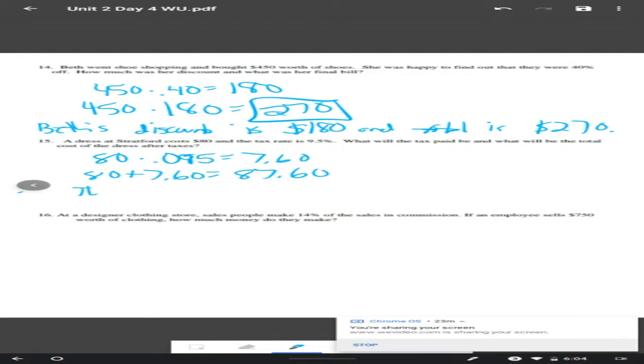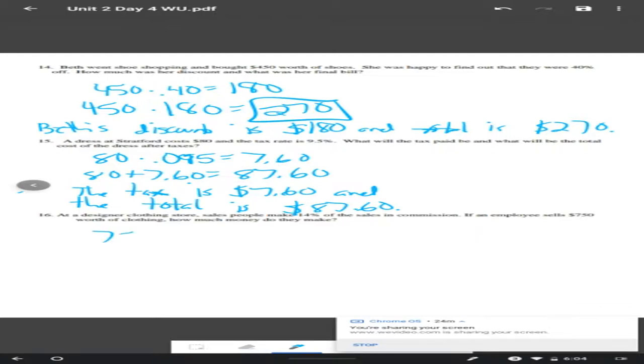So the tax for this dress is $7.60, and the total is $87.60.